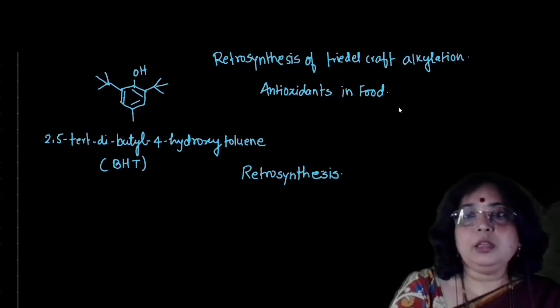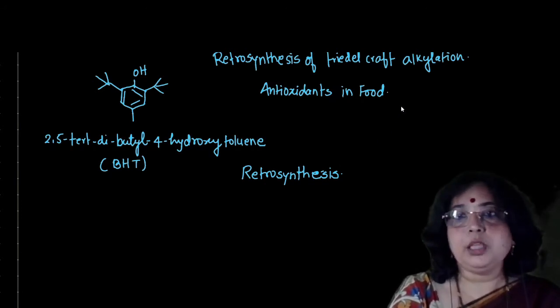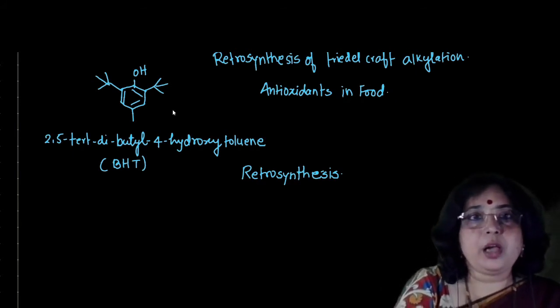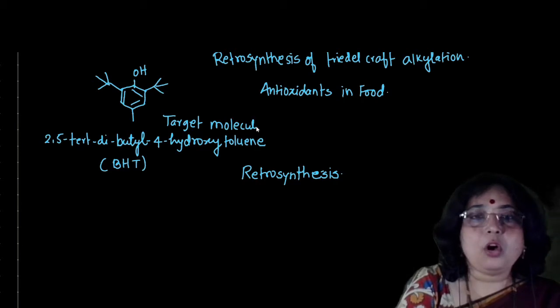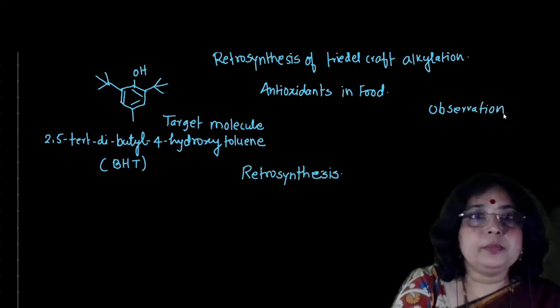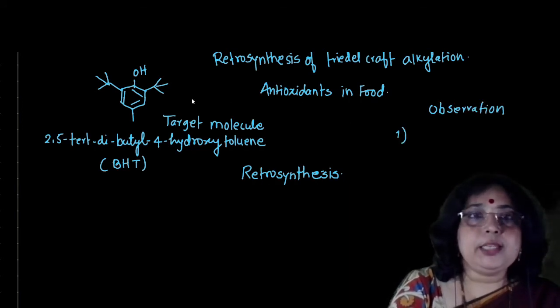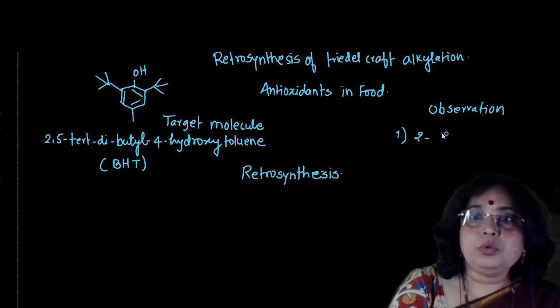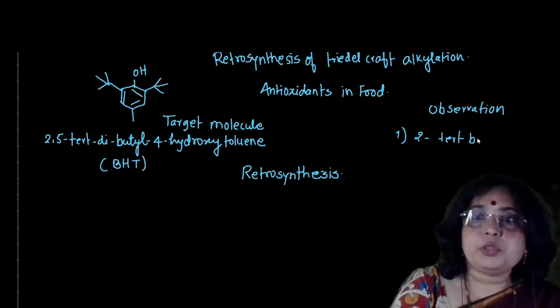Now again, remember one thing, whenever we carry out any retrosynthesis, the first thing is we have to observe the target molecule, TM. What are the observations? You can see that there are two tertiary butyl groups.